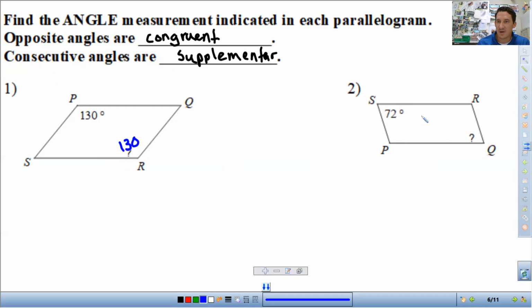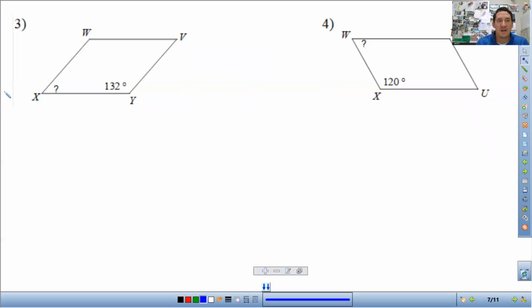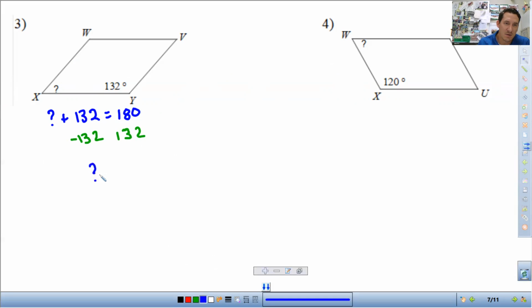This angle here is across from it, so this is also 72. Real simple on that, they're the same. Right here, these angles are next to each other, so they add to 180. So the question mark plus 132 is equal to 180. To figure out what the question mark is, you can just subtract from 180. So that angle is 48.